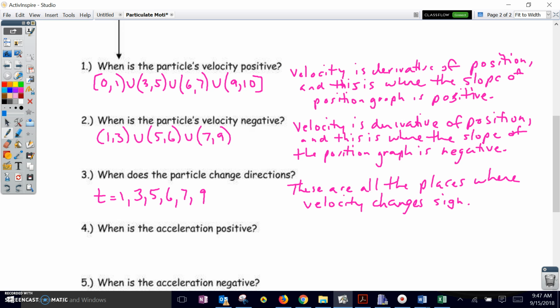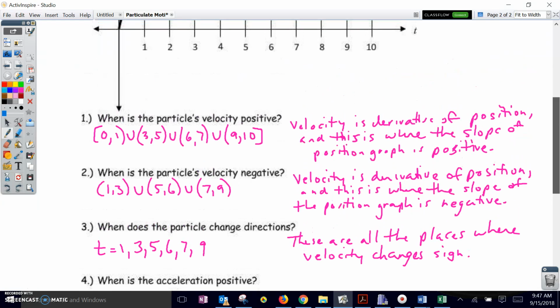And if we put these two concepts together, that gives us a good physical interpretation for the second derivative. Second derivative is represented by the change in slope. So we want the change in the slope of this graph to be positive. In other words, the slope is becoming more and more positive or less and less negative.